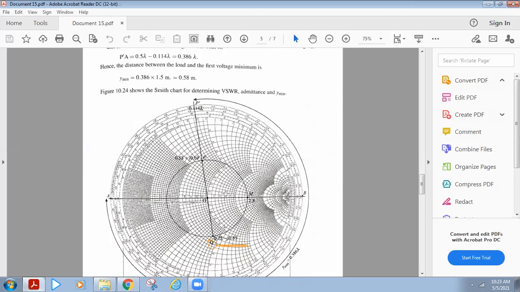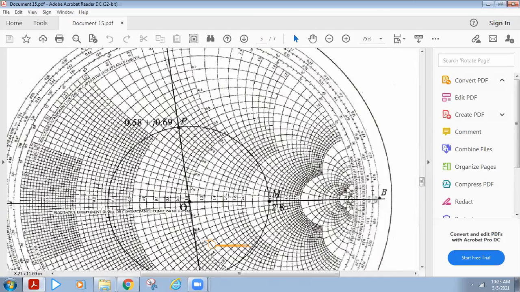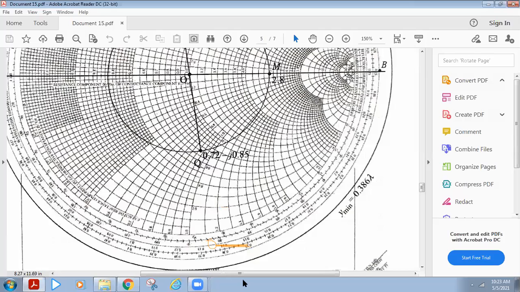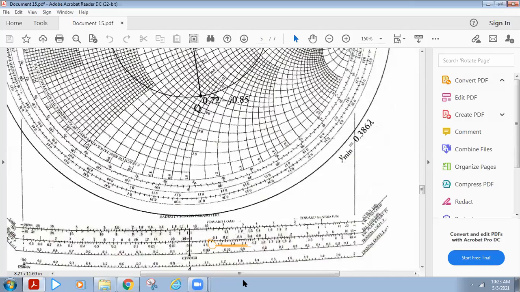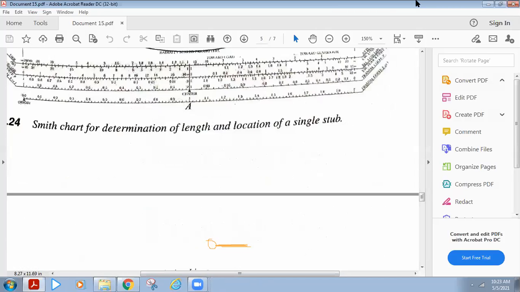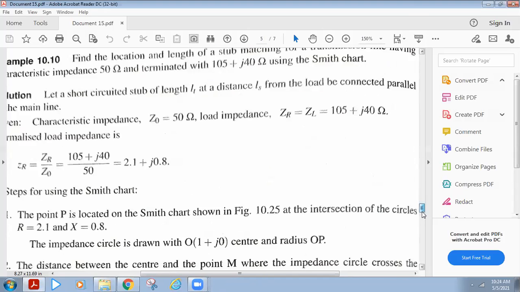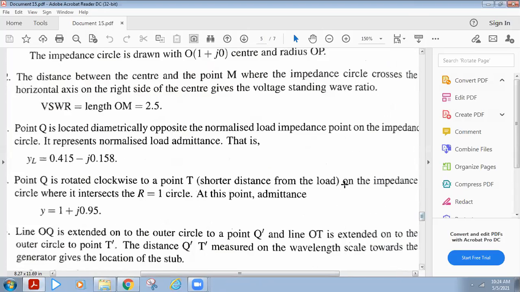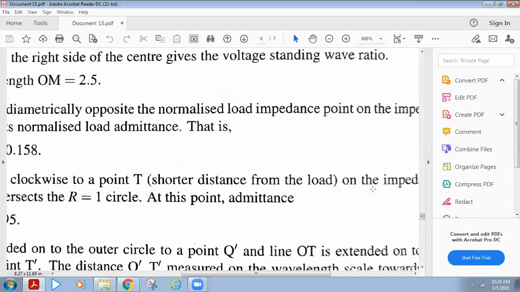Of course, it is very difficult to observe this from this waveform. See here, this is the point P, this is point Q dash, M dash, Y minimum and Y maximum. This scale is very important in the view of Smith charts. I will share a video for the measurement of all these, because it is very difficult to understand on this chart.